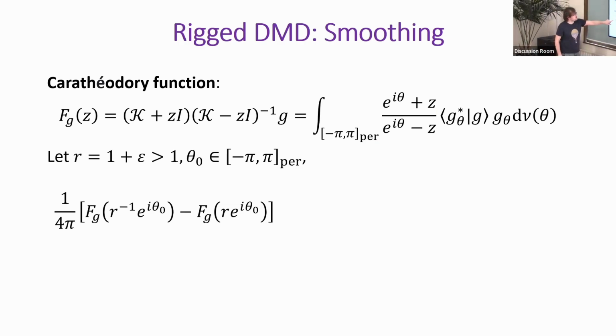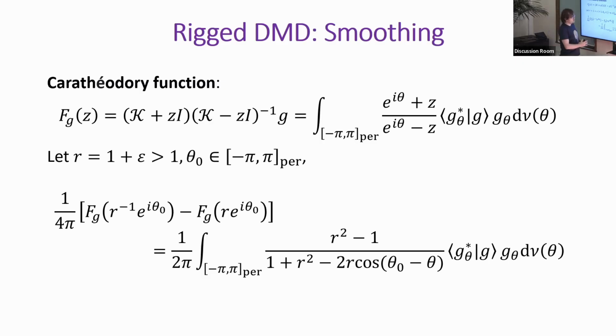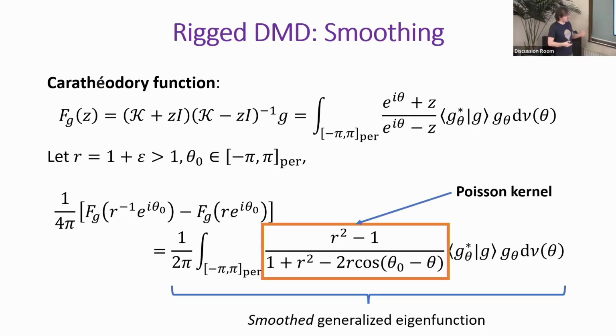There's a trick: I can take this evaluated at r minus 1 e to the i theta, minus this evaluated at r e to the i theta, times 1 over 4 pi. You run through the algebra, and you get back this beautiful thing times this. Now, does anyone recognize this function? Poisson kernel, yes, fantastic. This is the Poisson kernel, a smoothing operator.